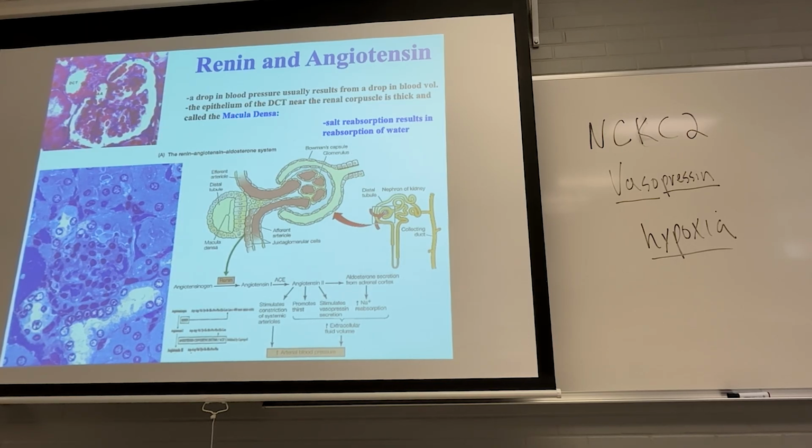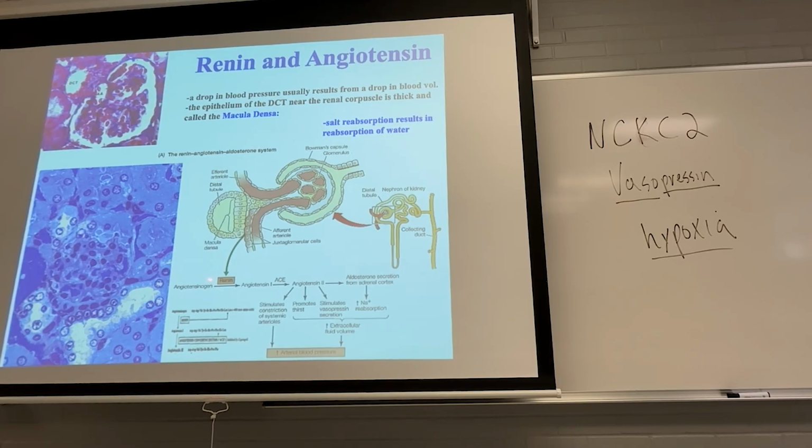So let's talk about how the macula densa does that. When the macula densa is stimulated, it will stimulate these juxtaglomerular cells to release renin. They call it a hormone, but renin really is an enzyme. It's an enzyme and a hormone, but it's really an enzyme in the way we're going to talk about it, because it is going to break down or cleave a protein that's circulating in the blood that has this name, angiotensinogen.